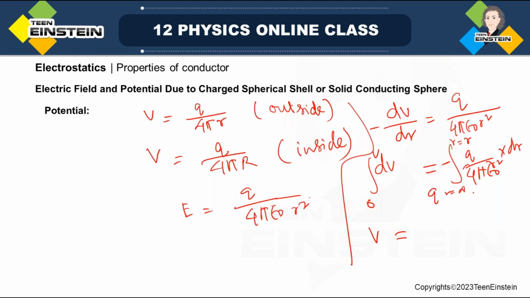Potential Q by 4 pi epsilon naught r. With the minus sign, minus minus gets cancelled. So this is Q by 4 pi epsilon naught r. And at the surface, just r is equal to capital R. That is the surface value.